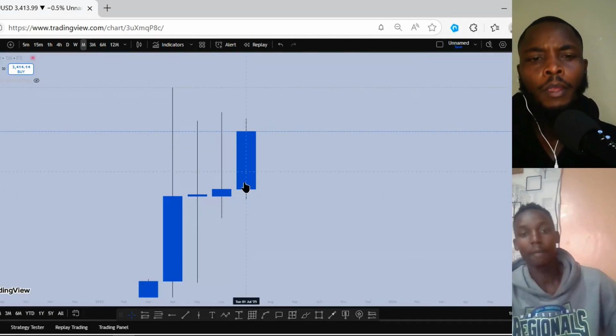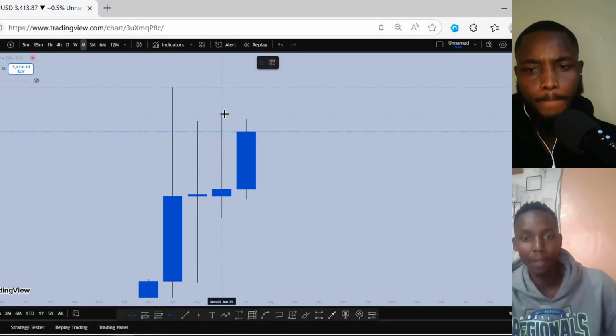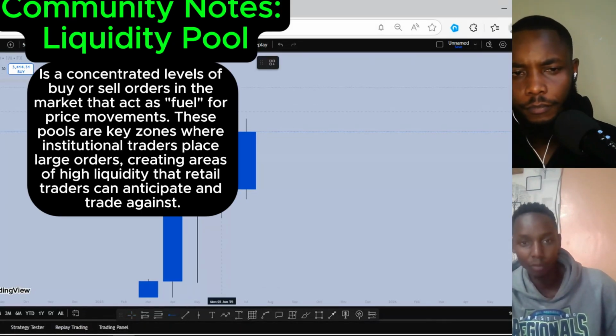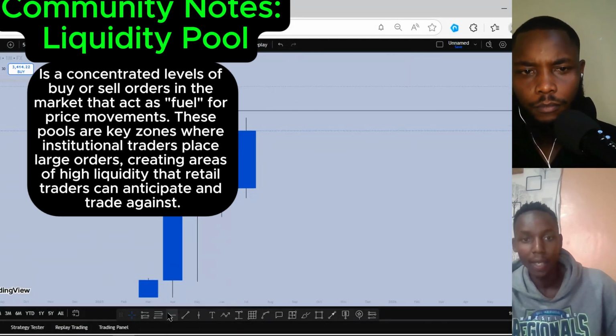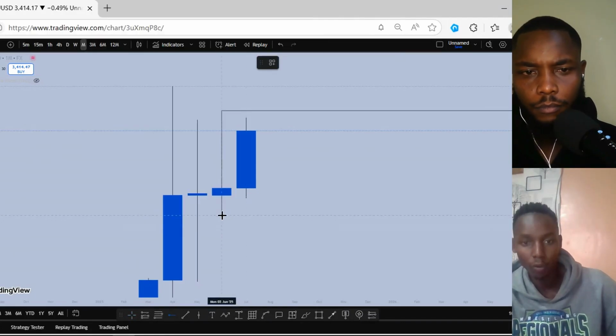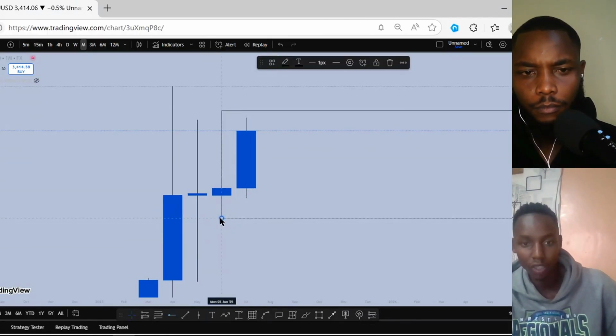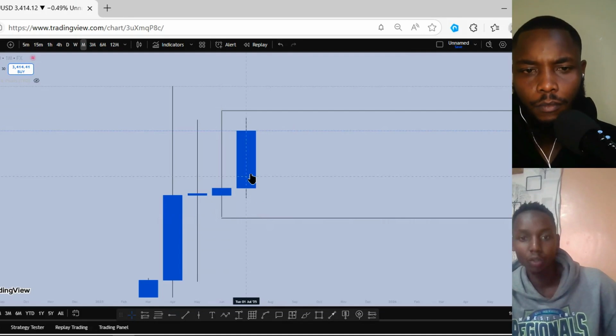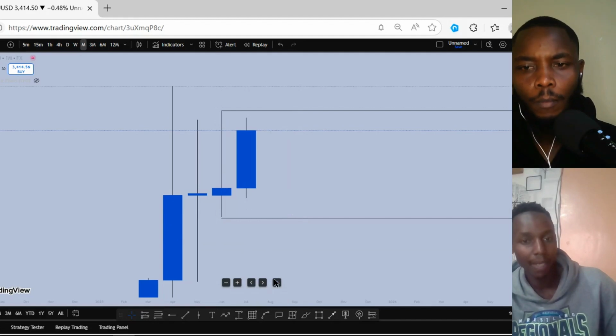But from the monthly time frame, what I mark up are the major liquidity pools in form of the monthly highs and also the monthly lows, because the market usually is driven either towards those highs or towards the lows from the higher time frame.